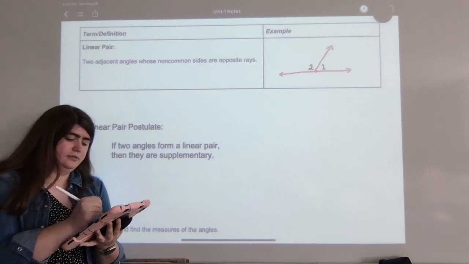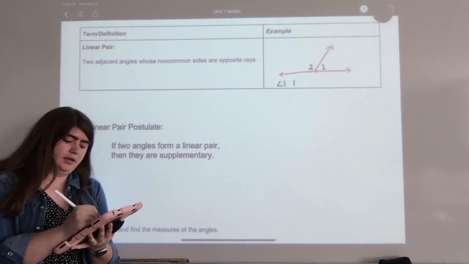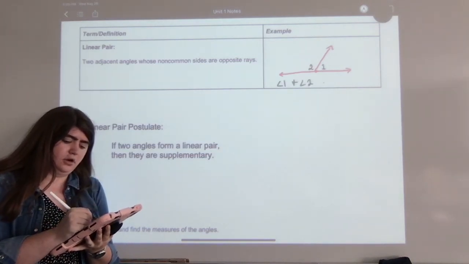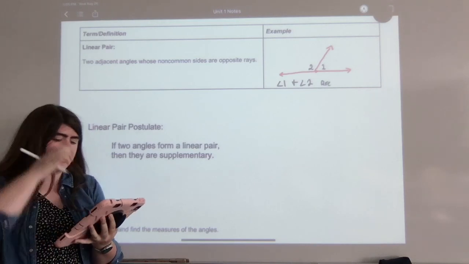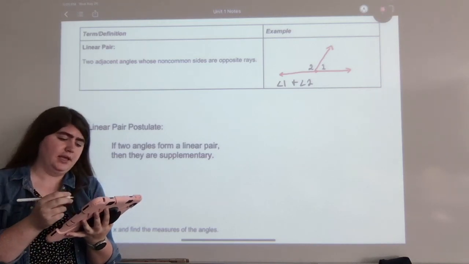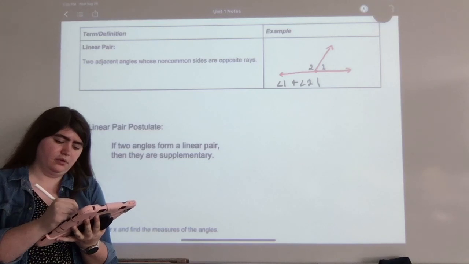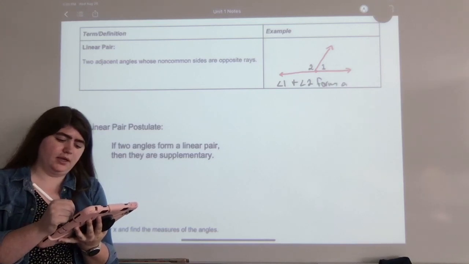So angle 1 and angle 2 form a linear pair.